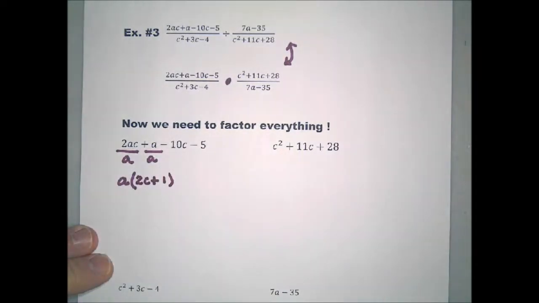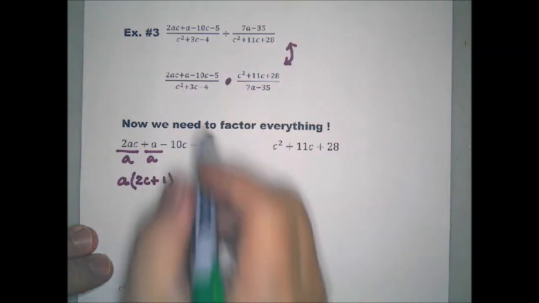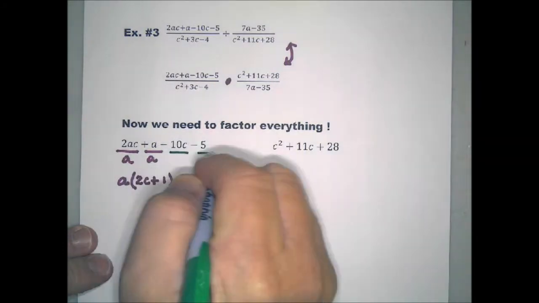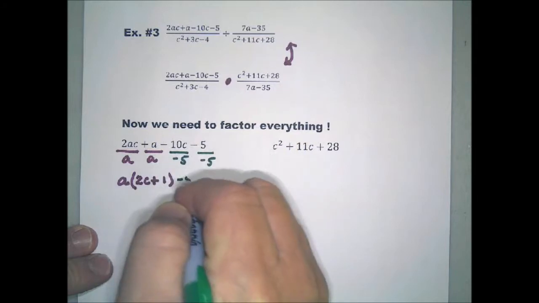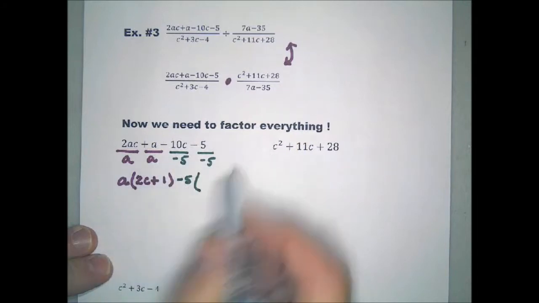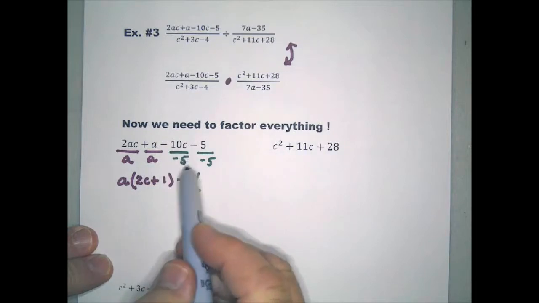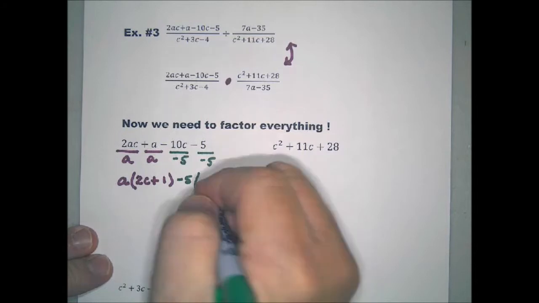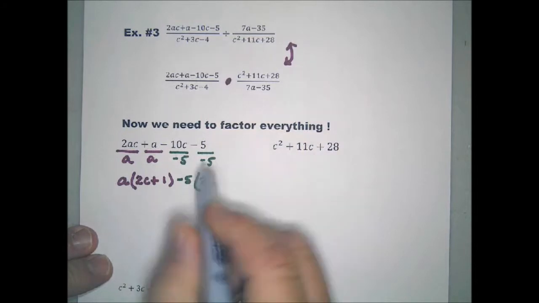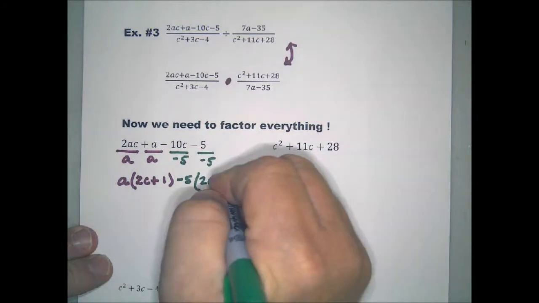Now, the second two terms, they have a negative 5 in common. So we're going to factor out a negative 5. And negative 10c divided by negative 5 would be positive 2c. And negative 5 divided by negative 5 is positive 1.